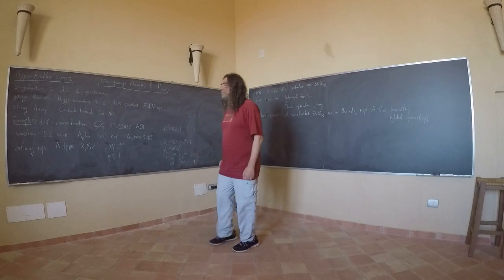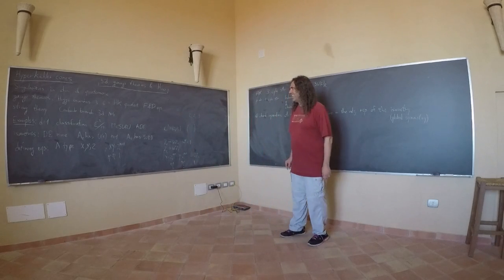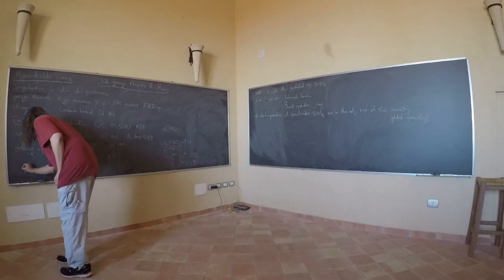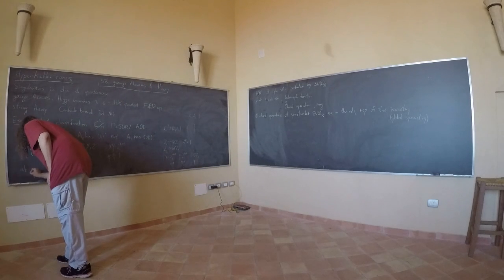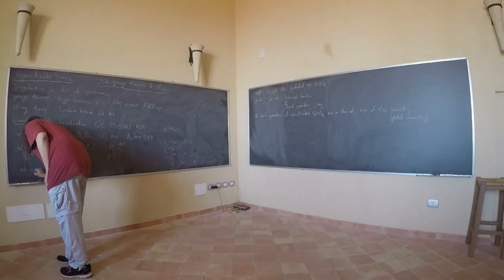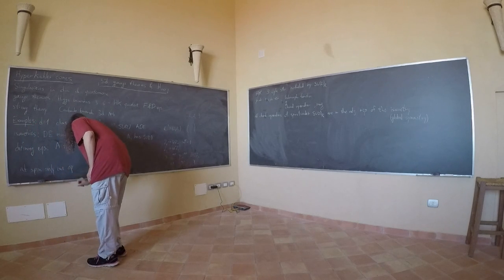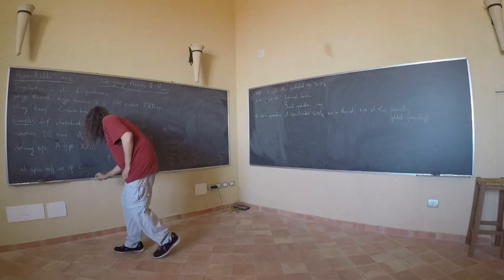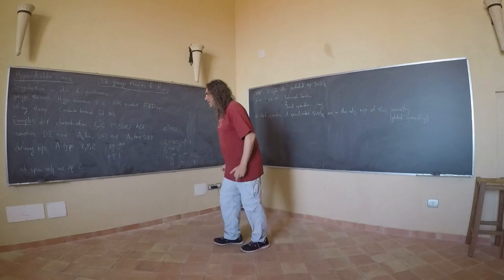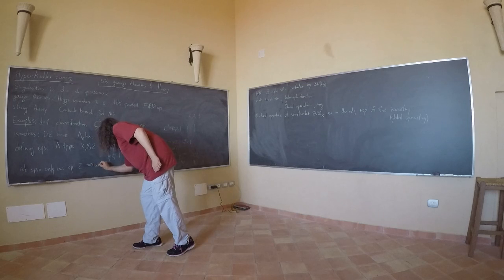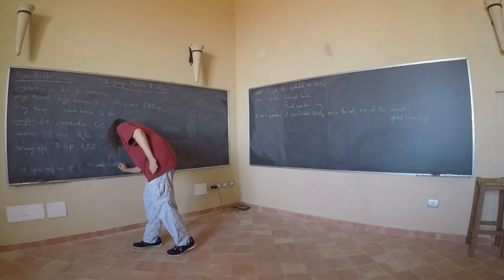Sorry, could you repeat this? Spin 1, only one operator, which is Z, and therefore the isometry is U1.